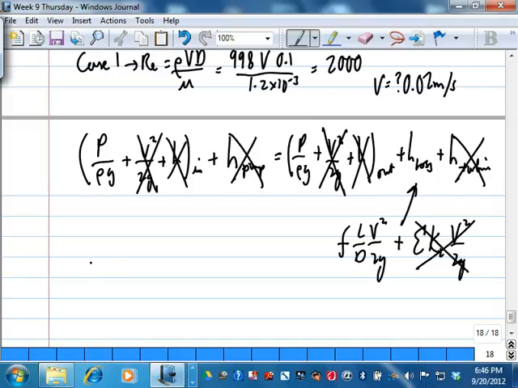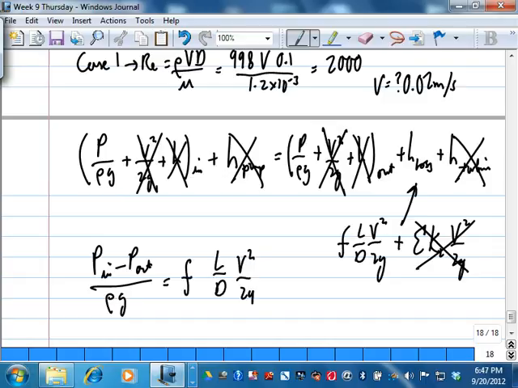So here we have P in, then I got the P out. Pump puts work in. P in minus P out over rho g is equal to f L on D V squared on 2g.